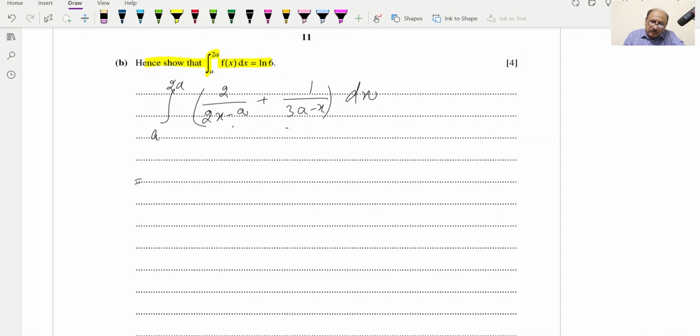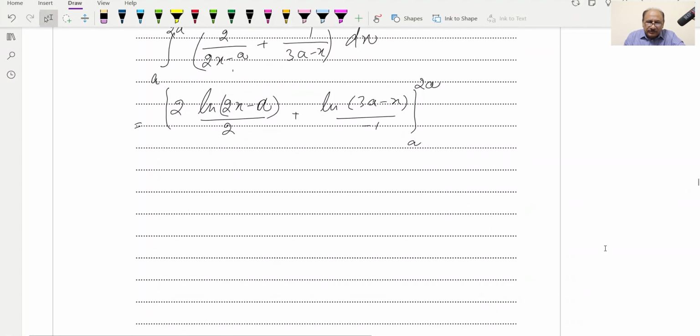So we can write this as 2 log 2 as it is, and log of 2x minus a over the derivative of 2x, which is 2. And similarly this one we can write log of 3a minus x over minus 1, and we can write the limits, that is a and 2a.